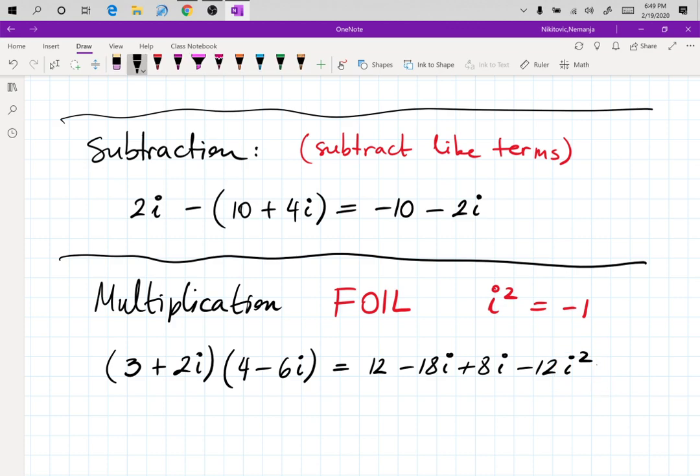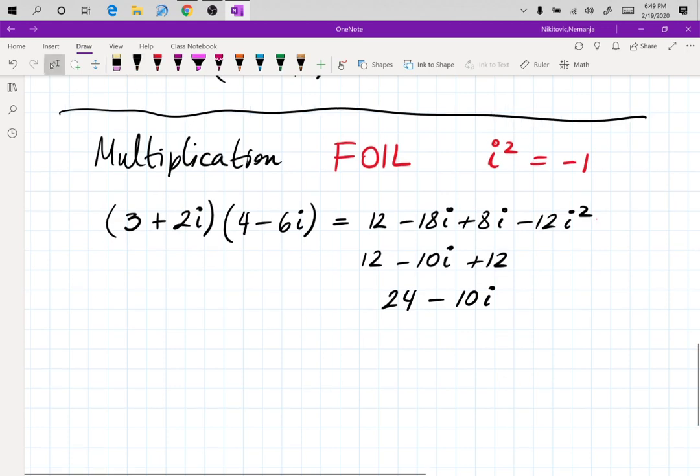So we are going to say 12 minus 10i plus 12 for a total of 24 minus 10i. Are we all green on this? i squared is negative 1, negative 12 times negative 1 is positive 12. 12 plus 12 is 24. Add like terms. Cool?